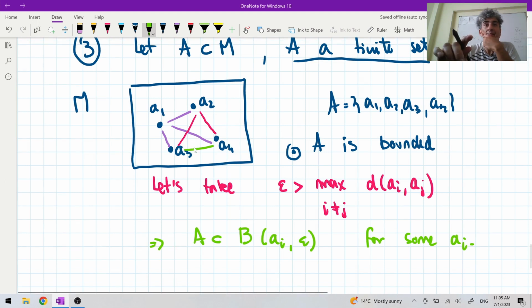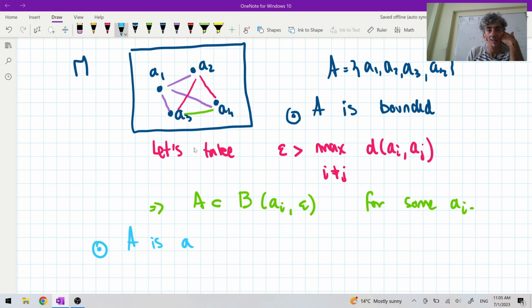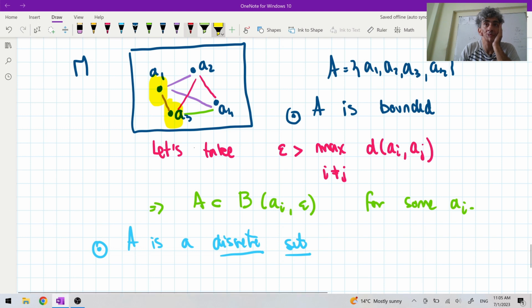And more importantly, what we have now is that A is a discrete set. And what do we mean by discrete? Well, this means that around each point there is a ball, maybe with a different radius in each case.